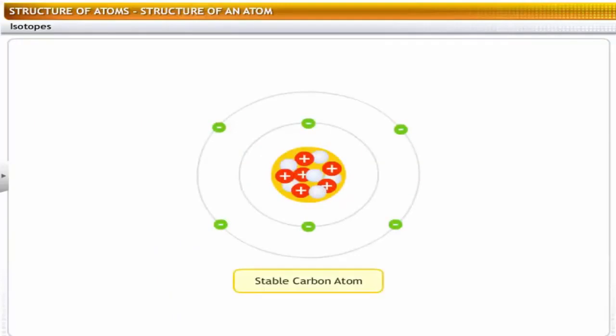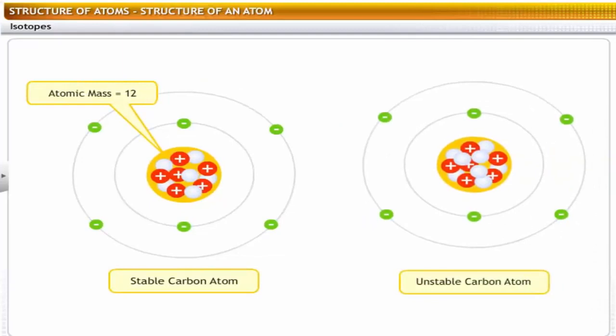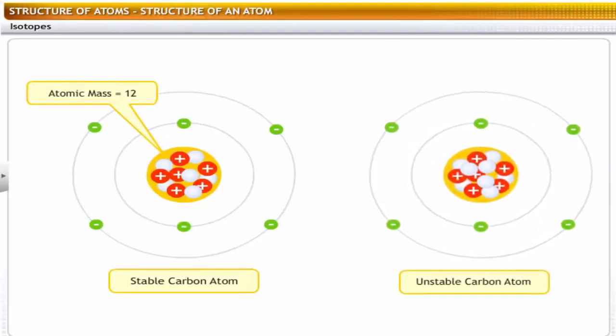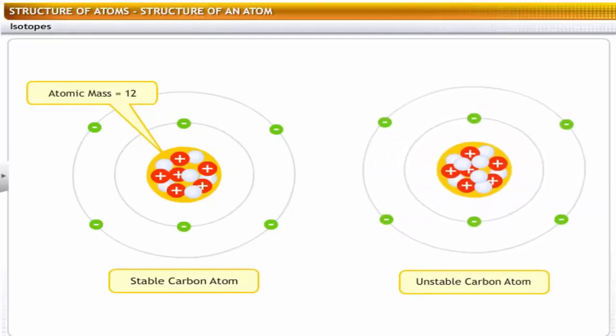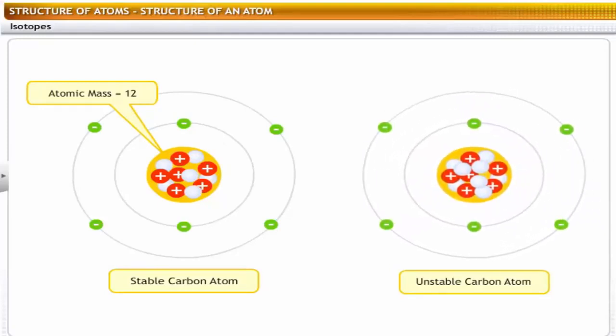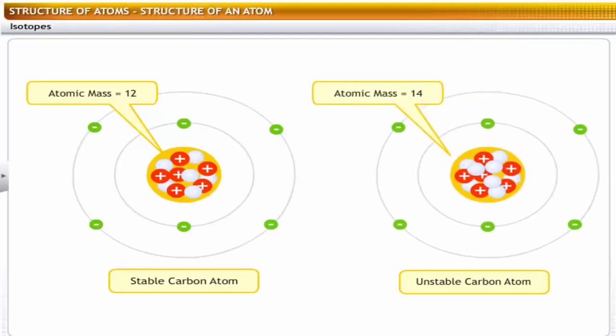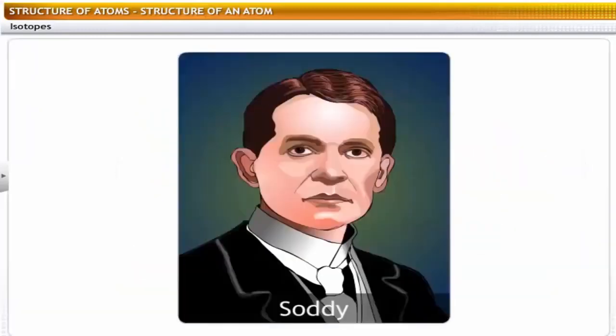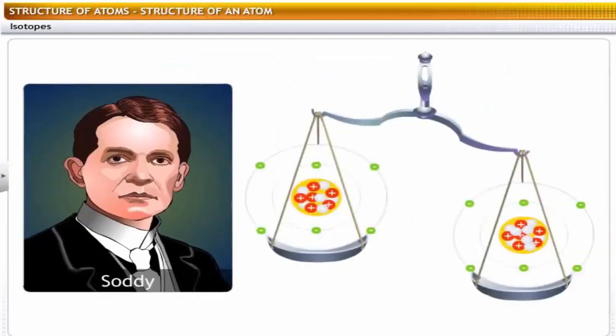Normally a carbon atom has 6 protons and 6 neutrons, but some unstable carbon atoms were found. These carbon atoms had 6 electrons, but the nucleus was similar to that of a nitrogen atom and it had a mass of 14. Soddy discovered that certain elements had a heavier mass.